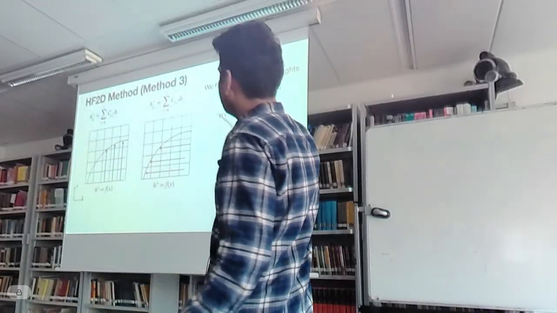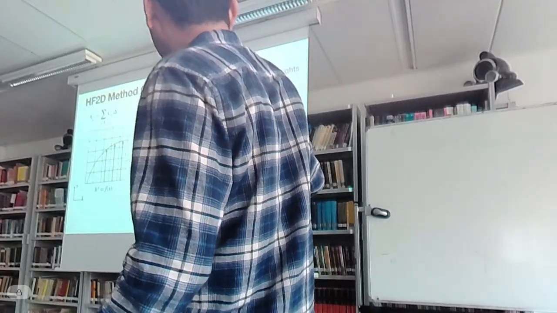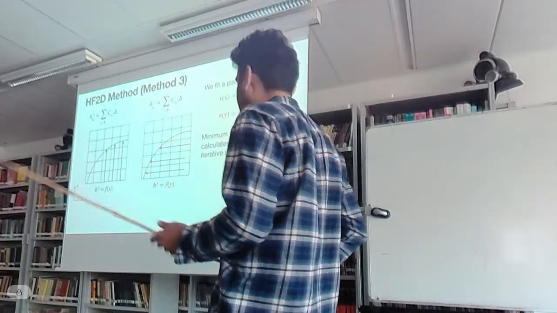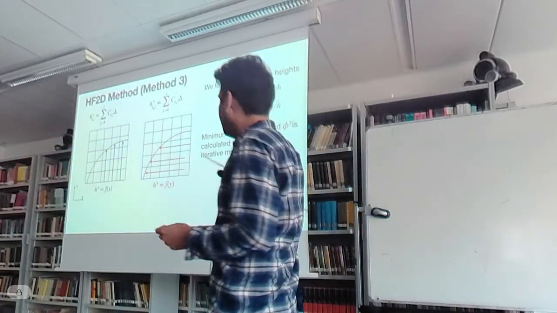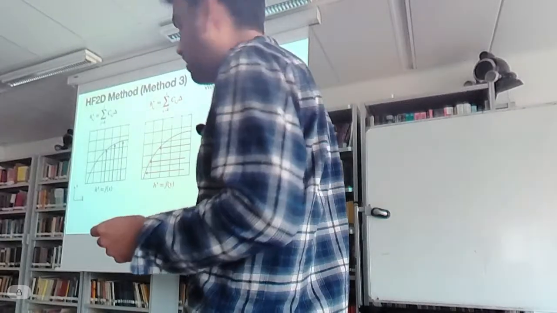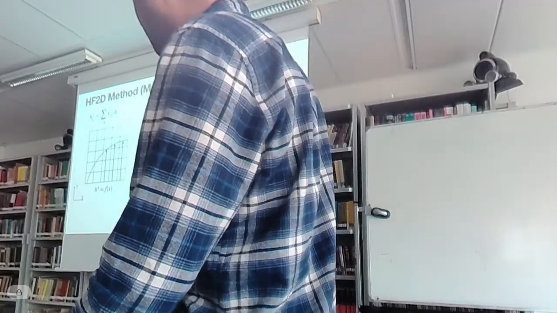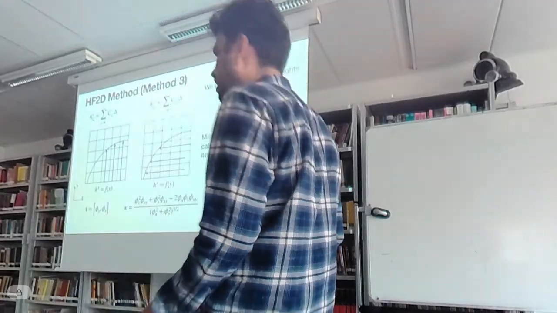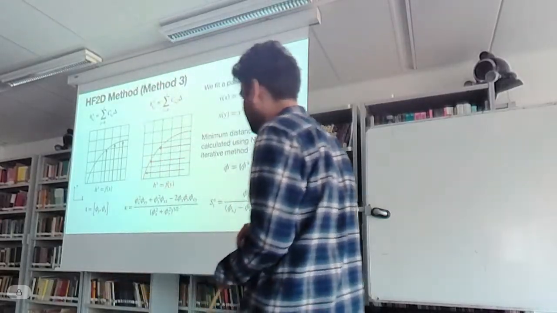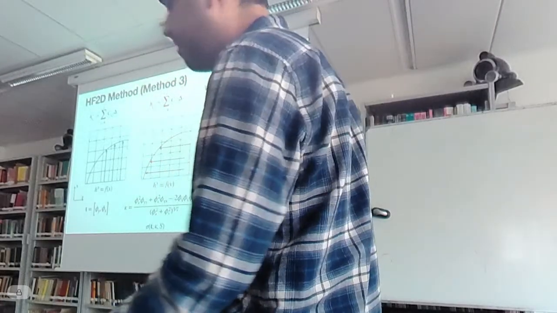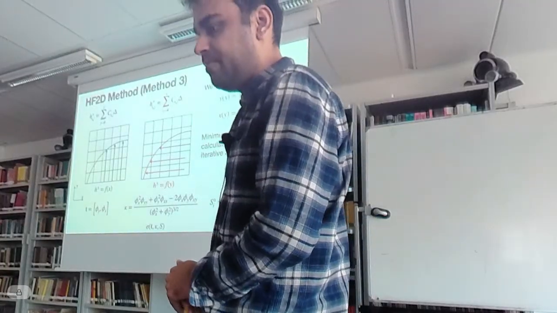We fit these two with a parabola in both directions, and then we use a Newton-type iterative method to calculate the minimum distance from the cell to this parabola that is represented by height functions, and then we take an average of both the x and y approximations, and then what we get is again the tangent, the curvature, and the surface fraction with which you write the surface tension tensor and get the method.